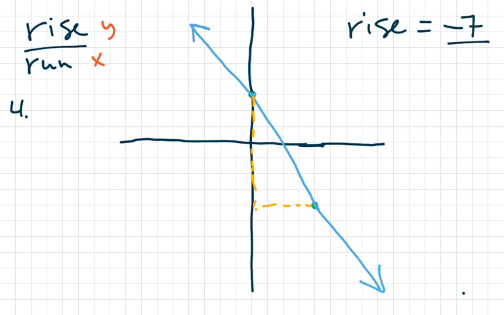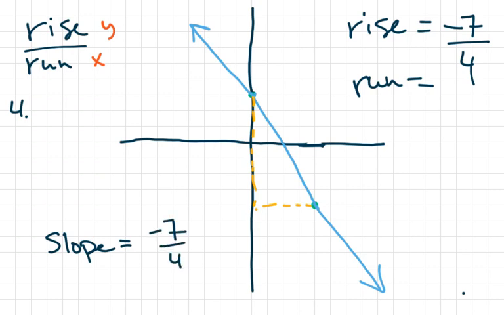Because I went down. I started here and I went down 7, so that's negative 7. Let me double check. 1, 2, 3, 4, 5, 6, 7. And my run, 1, 2, 3, 4 to the right, so it's positive. So positive 4. So my slope equals negative 7 over 4.